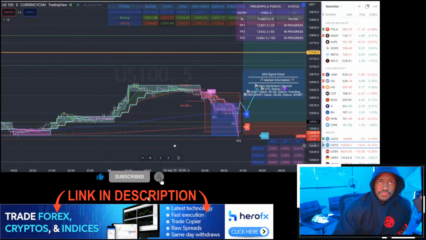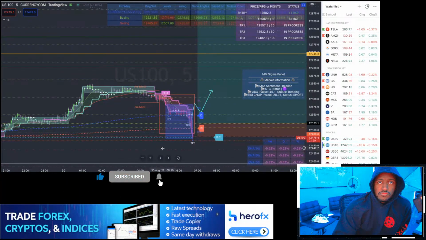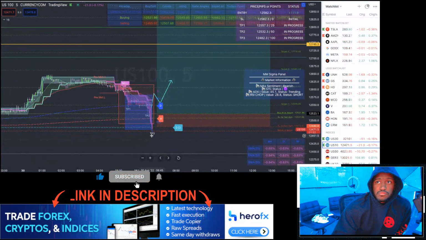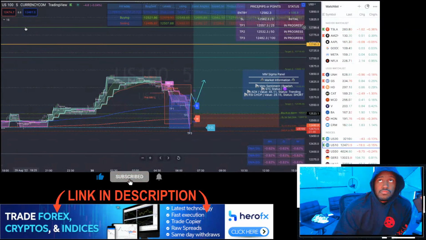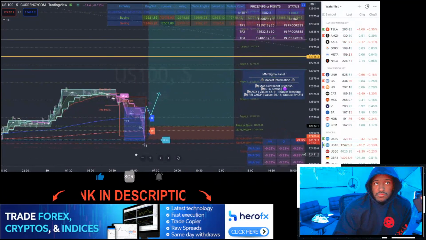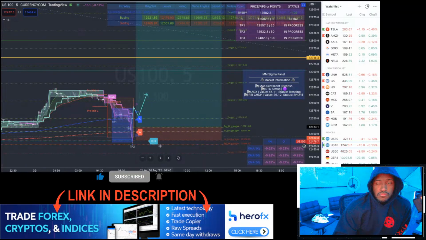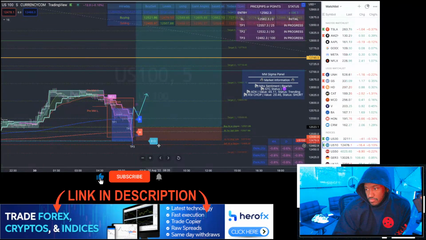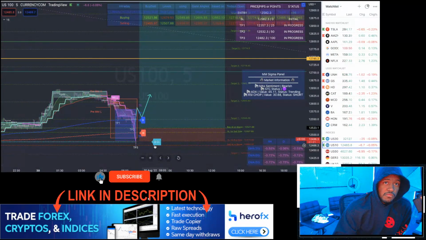It's a good setup. It's a good setup, scalping wise.